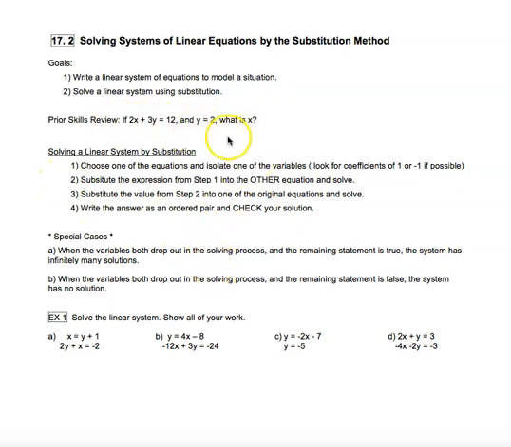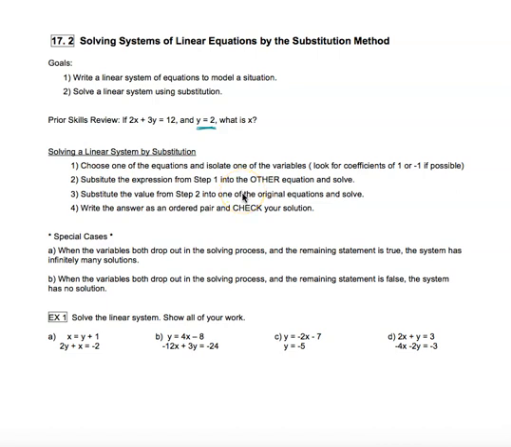So the first thing we're going to do is a prior skills review, because this is a really important skill that we're going to need to be able to apply in one of the steps for this new method that we're learning today. So if 2x plus 3y equals 12 and y equals 2, what is x? So this is what we want to be able to do first. The key here is that we've been told that y equals 2.